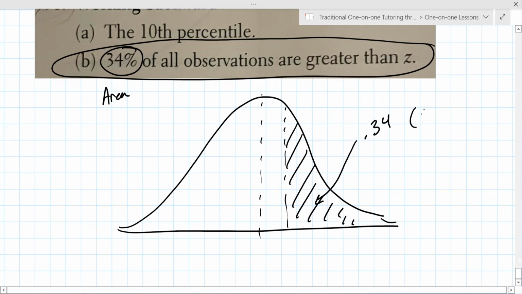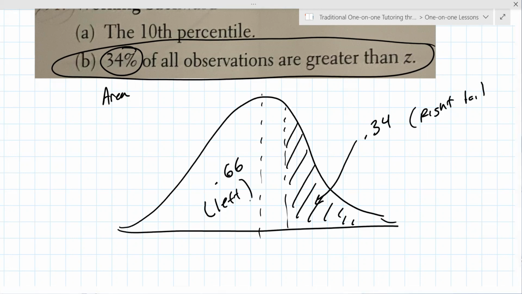Okay, but it's in the right tail. So I have to do the other way around. You need the 0.66, the left tail. 0.66 for my table. So you're going to go to your table and look for 0.66 in the interior of the table.